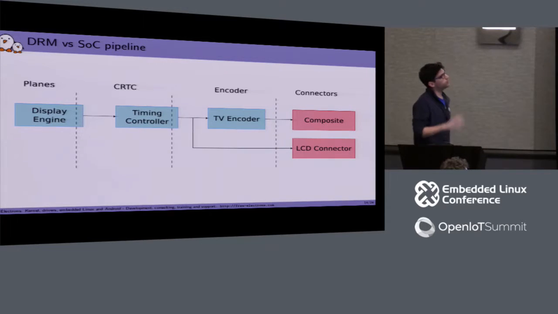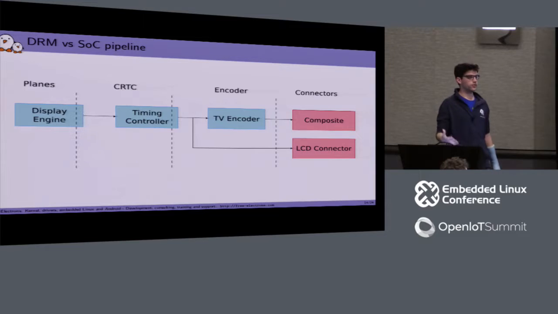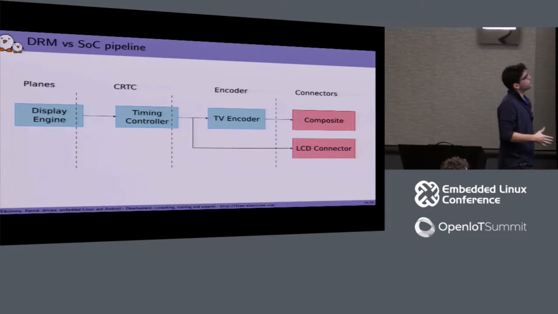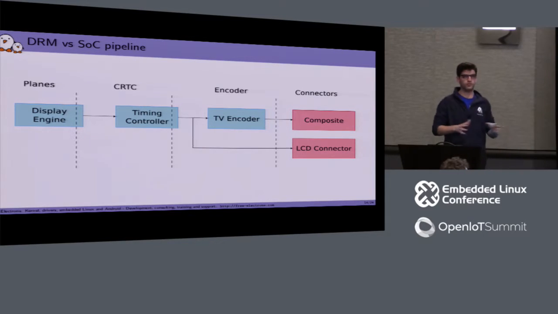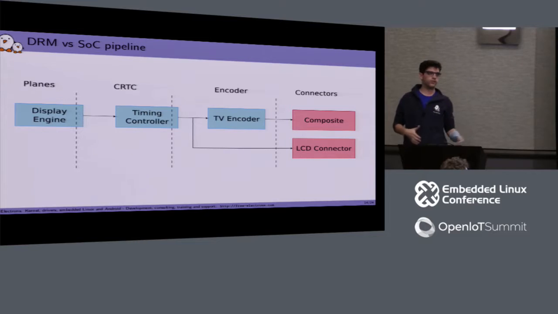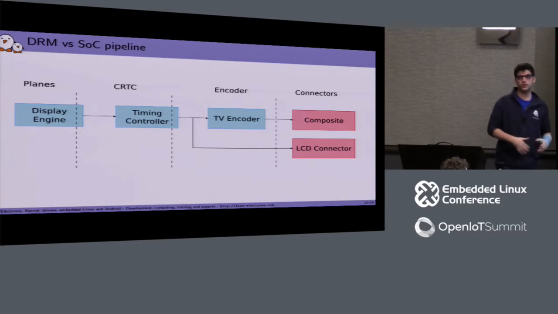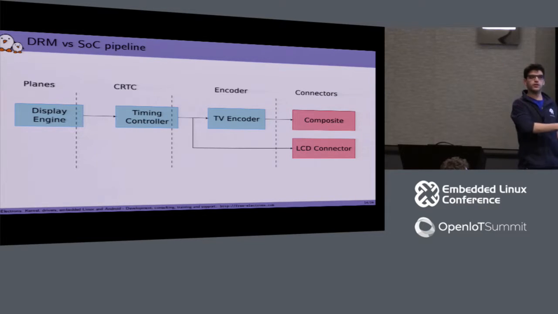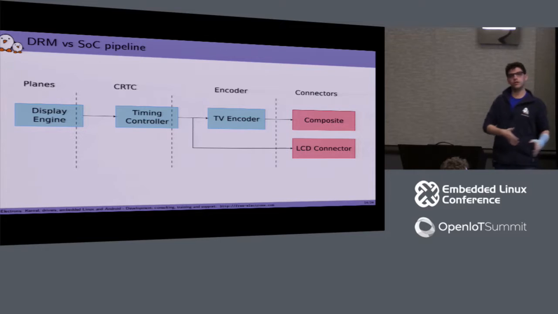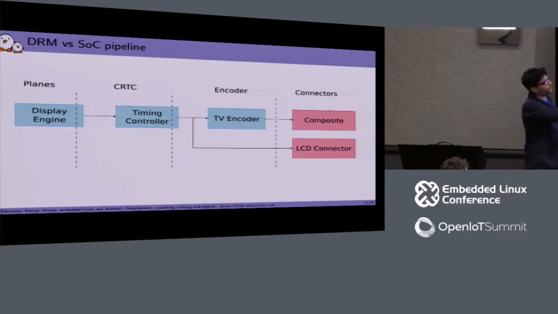And so if we try to map that to the concepts that KMS exposes, our display engine would mainly be the planes, but it has some configuration that usually belongs in the KMS CRTC. Then you have the timing controller, which is mainly a CRTC, but since it's able to output directly to a parallel bus and drive an RGB panel, it's also a bit of an encoder and a connector.